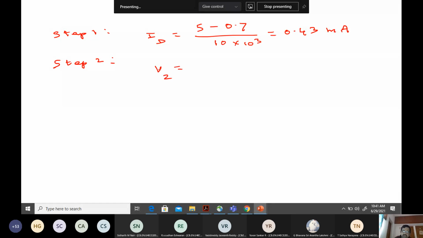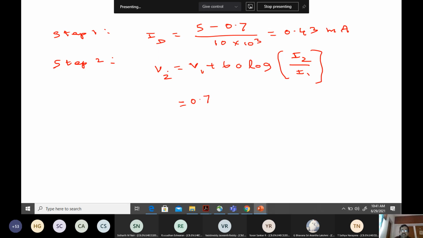So step 2, V2 equal to, we use the exponential model equation, V2 equal to V1 plus 60 log I2 by I1. V1 is roughly about 0.7 volt.